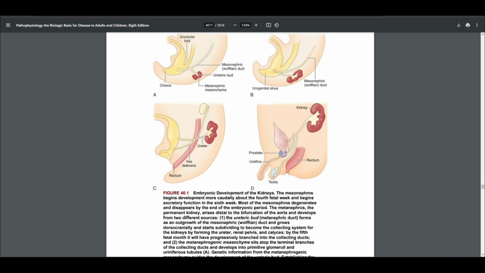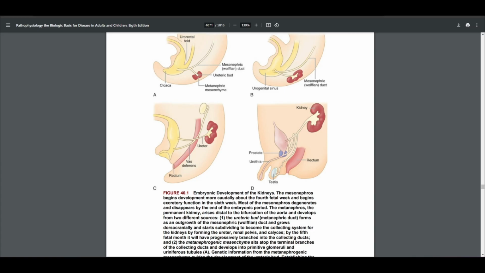So the embryonic development of the kidneys, the mesonephros, begins development more caudally about the fourth fetal week and begins excretory function in the sixth. Most of the mesonephros degenerates and disappears by the end of the embryonic period. The metanephros, the permanent kidney, arises distal to the bifurcation of the aorta and develops from 2 different sources.